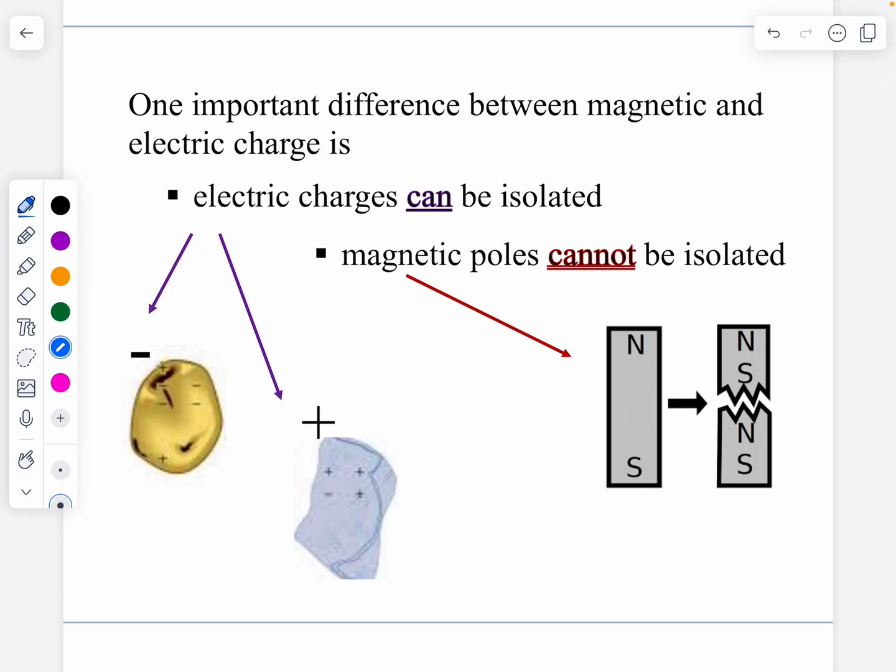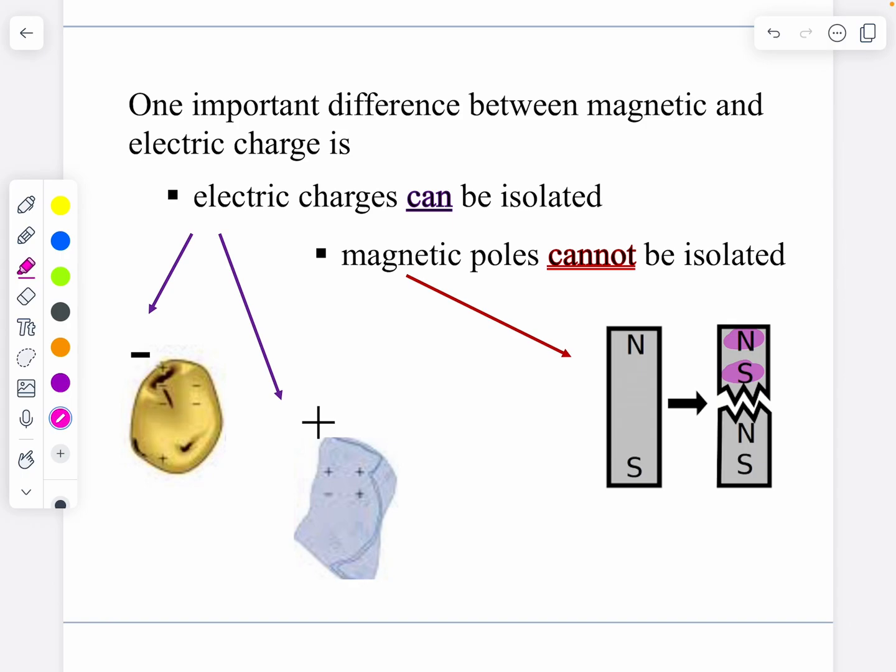Instead of having positive and negative charges, what we have are north and south poles. You cannot have just a north pole all by itself. And what they are trying to show us in this illustration over here to the right is that my magnet will always have a north pole and a south pole. Even if I were to take this magnet and break it in half, I'm going to have a north and a south end on that smaller piece.